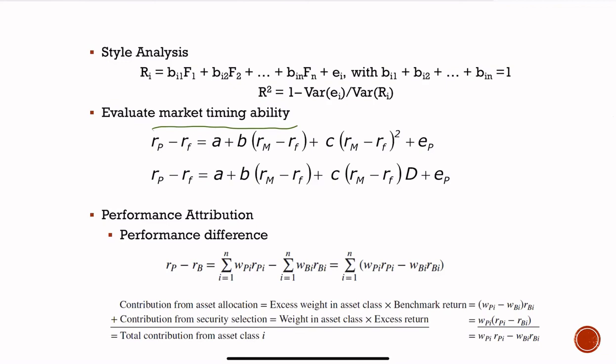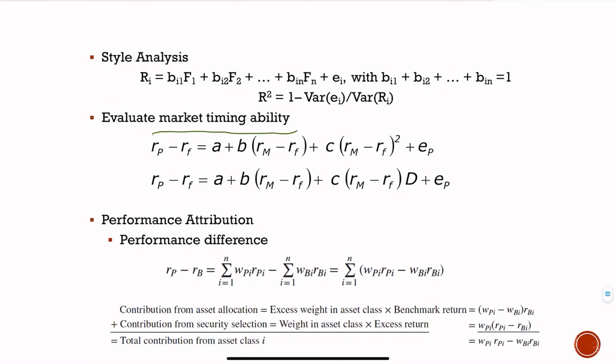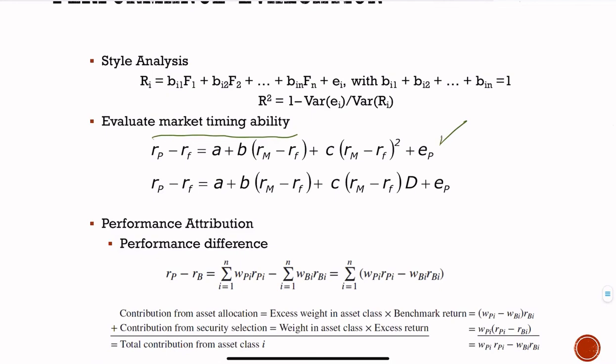So we talk about two kinds of process to find out whether a particular manager has this market timing ability. Under both cases, as long as the C is positive, you will know that this manager has market timing ability.